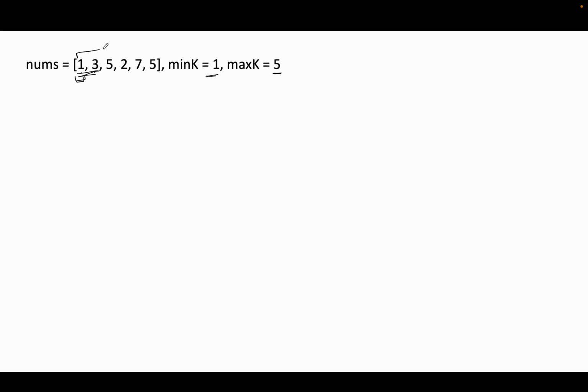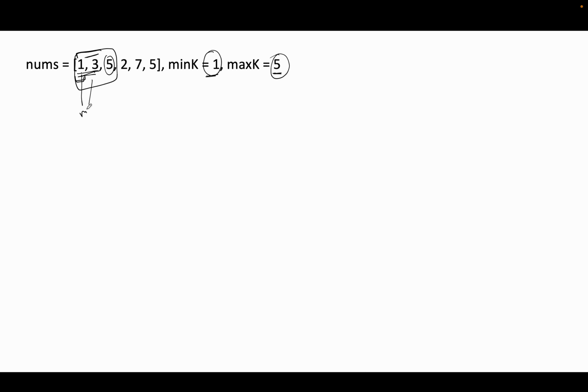Now if you see this subarray, first three elements, here min is 1 which is equal to the given bound and max is 5 and all the other elements are in this range. So this is one of the fixed bound subarrays.